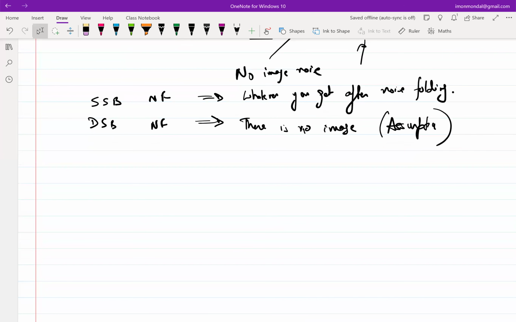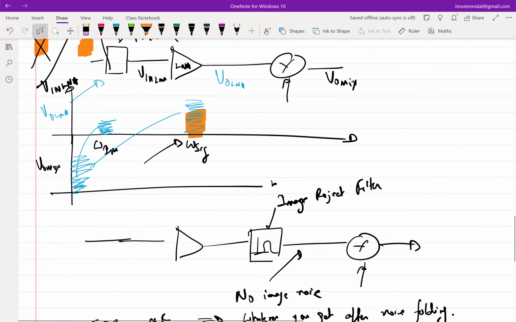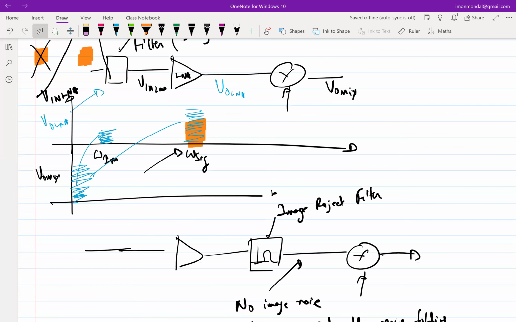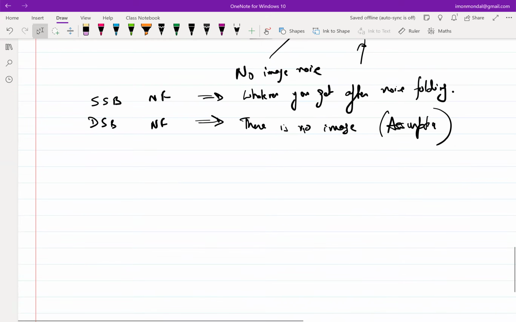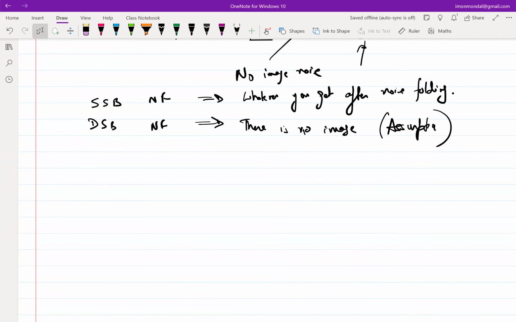So now let's talk about another way of getting rid of the image. The obvious way of getting rid of the image is the one that we talked about: put a filter here, put a filter there, and so on. Now, putting filters has a problem. So let's talk about a specific circuit which doesn't have a power gain.